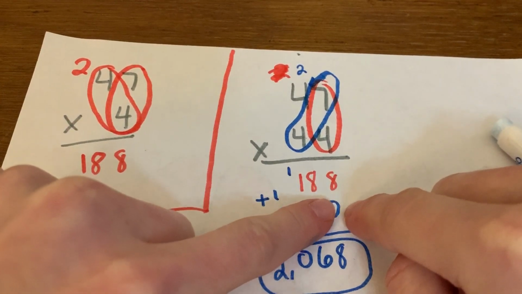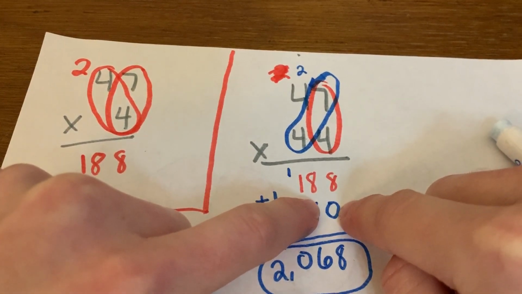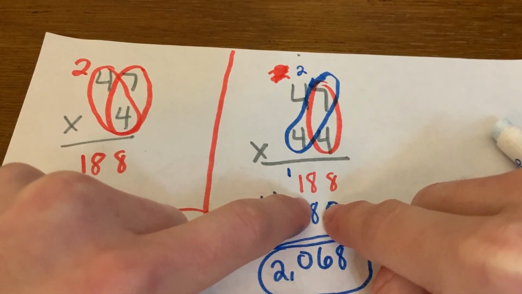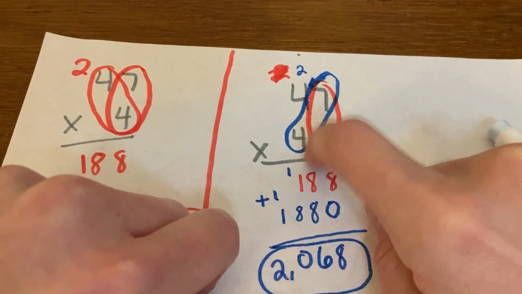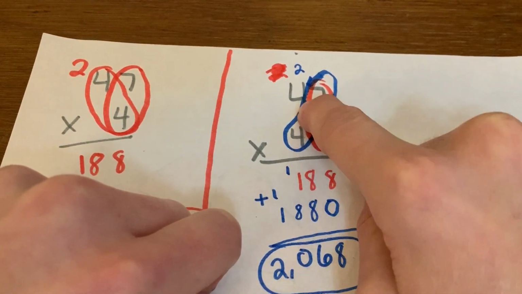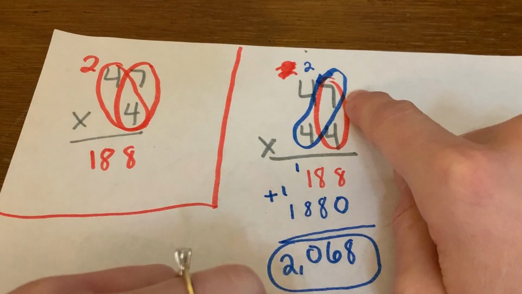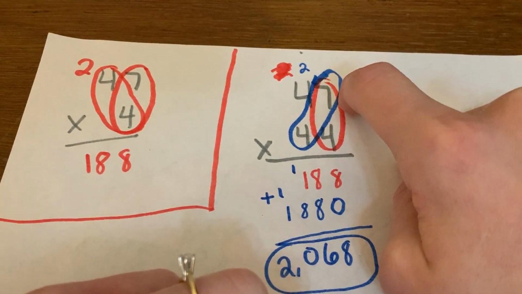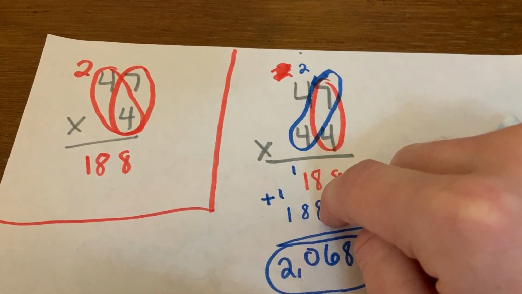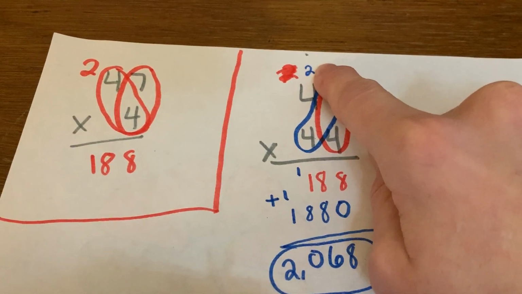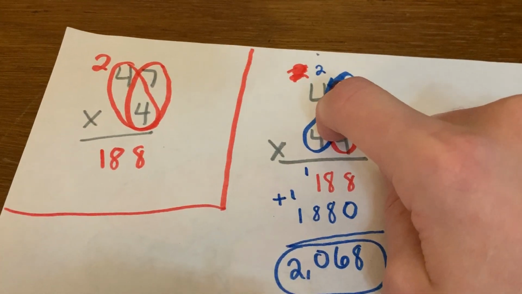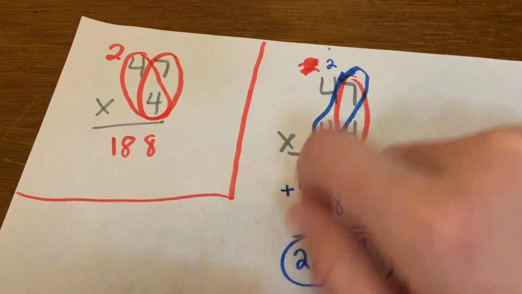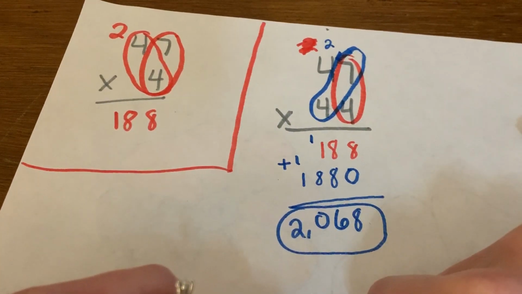So I'm going to put a 0 here because I don't want to write anything in the ones place. I'm going to move over to the tens place. Then I'm going to multiply this number by all of these numbers. It has to be multiplied by those two. So 4 times 7 gives me 28. Put my 8 here. Carry my 2 just like before. Do my 4 times 4 gives me 16. Add 2 more. And then I just add these 2 rows together. That's all I've got to do.